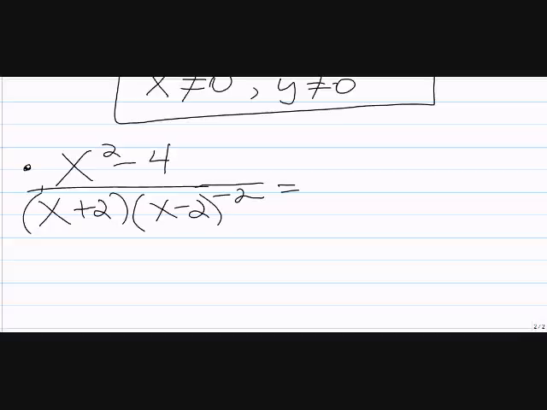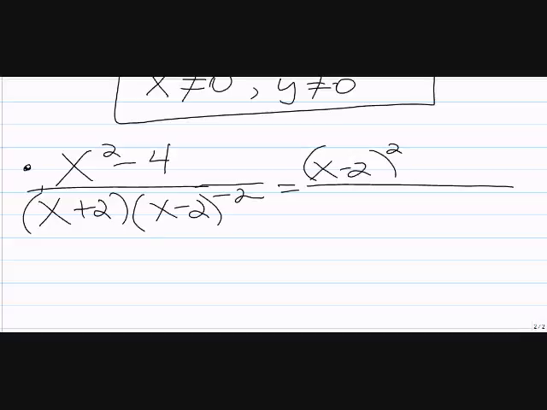The negative 2 power on the bottom of this fraction, I want to turn that into a positive 2 power. I want to turn all of my exponents into positive numbers. So I'm going to take that x minus 2 to the negative 2 and change whatever side of the fraction it was on. If it used to be on the bottom, put it on the top with the positive exponent. If it was on the top with a negative exponent, put it on the bottom and change the sign.